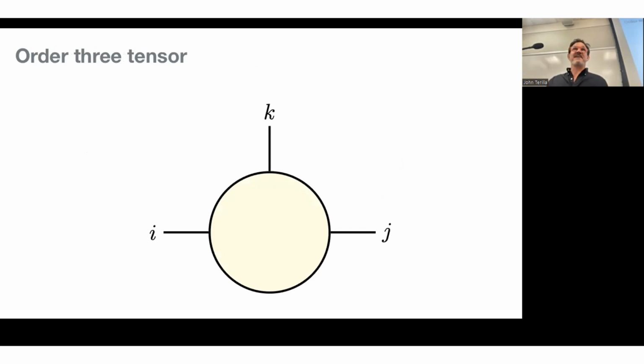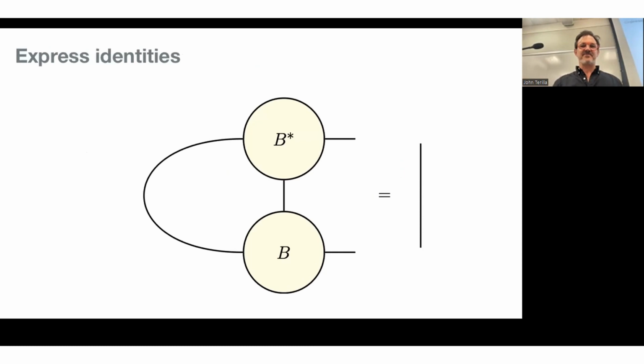You don't have to just have order 2 tensors. You could have 3-dimensional arrays that for every i, j, and k. And in this picture, you don't have to think in terms of rows and columns. You just have this picture to keep track of what things are. And then I think there are some relations among tensors that can be depicted in a nice way using this sort of visual language.